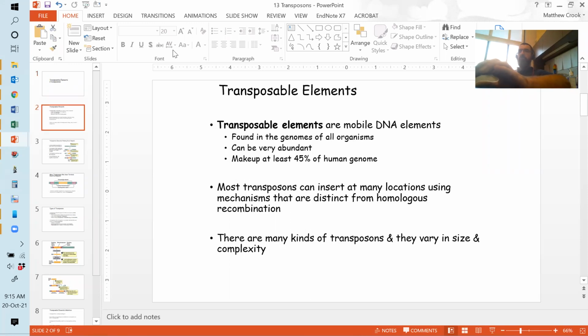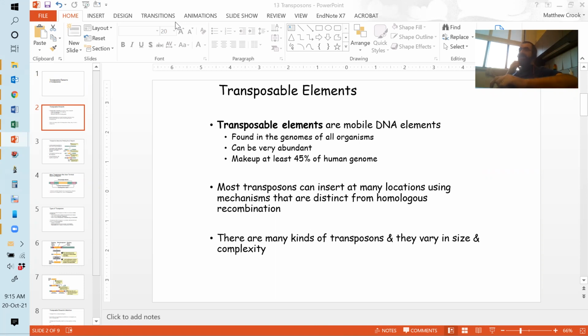They are hugely complex in terms of different types. I mean, they're not complex in and of themselves, but there's a huge range of different types of transposons, size, kind of genes they encode. And they're one of the reasons why we have a large genome, right?